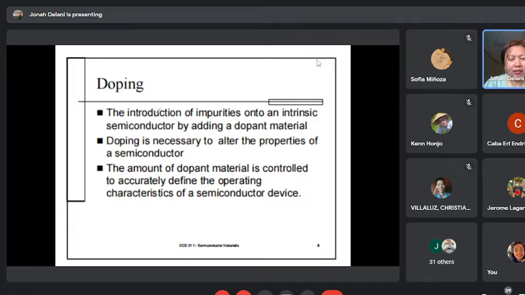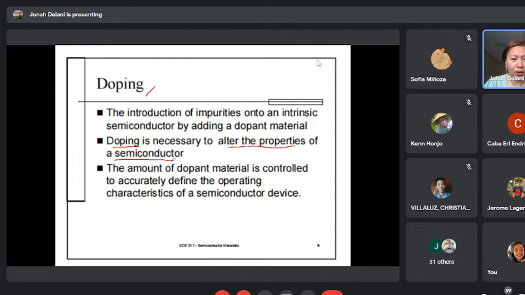So why do we add impurities to the semiconductor? This is the process of adding impurities. The purpose of adding impurities is to alter the properties of a semiconductor.